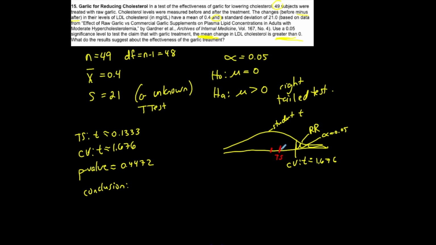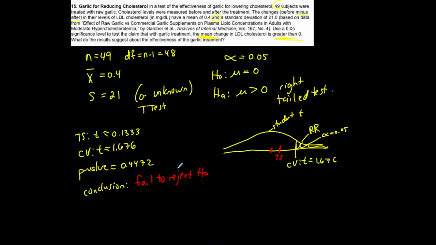So the test statistic doesn't make it past the critical value, which means it's not in this rejection region area. I cannot reject it. I fail to reject the null. According to the traditional method, the test statistic is not in the rejection region, so I fail to reject the null. My conclusions are either reject or fail to reject.